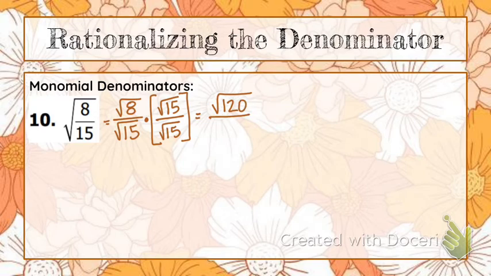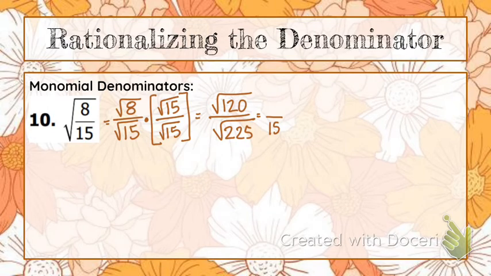And then the square root of 15 times the square root of 15 is going to be the square root of 225. But this is really like saying the square root of 15 squared, and that's just going to give us 15. So the bottom automatically reduces back to 15.